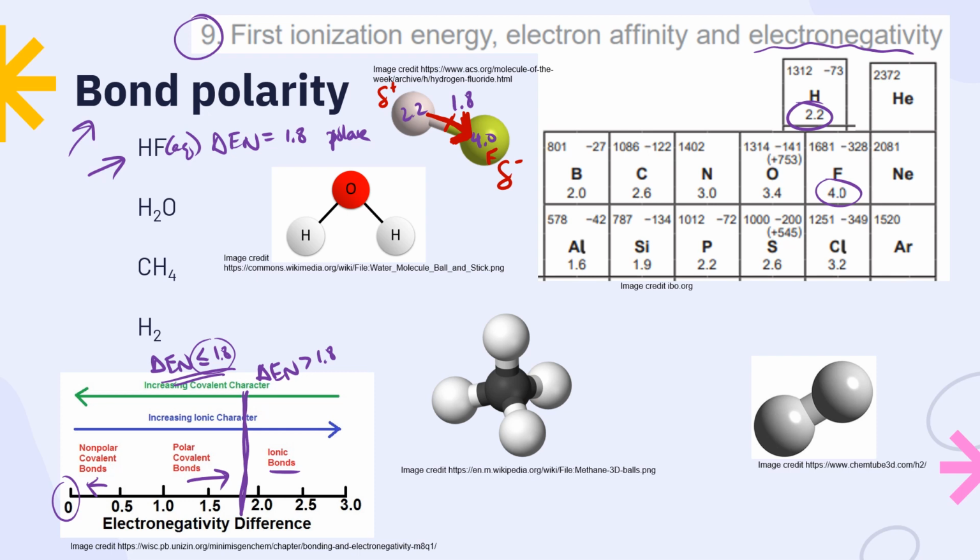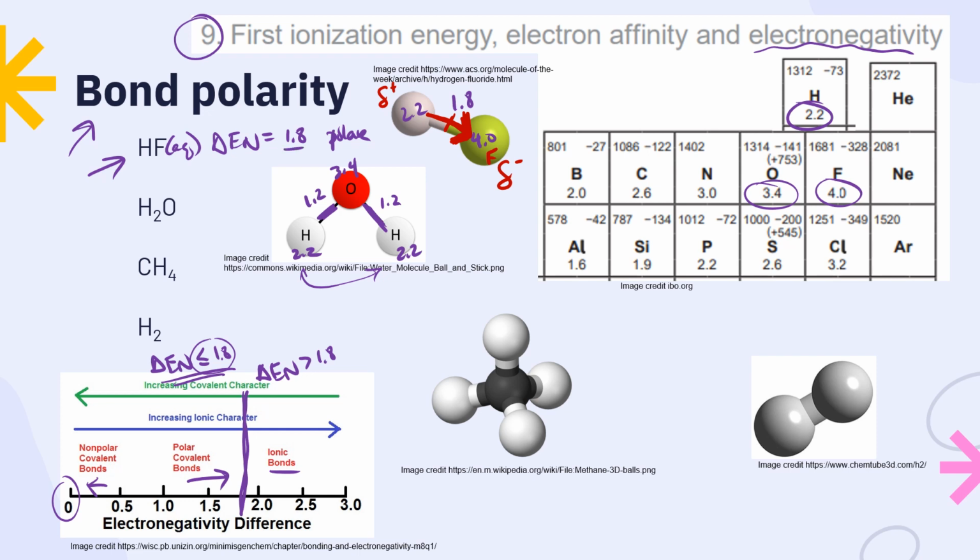Let's do water. So water, hydrogen again is 2.2, oxygen is 3.4. Now we're not going to add together the 2.2s because we're looking at each bond by itself. So 3.4 minus 2.2 is 1.2. 3.4 minus 2.2 is also 1.2. So each of those bonds individually is quite polar.